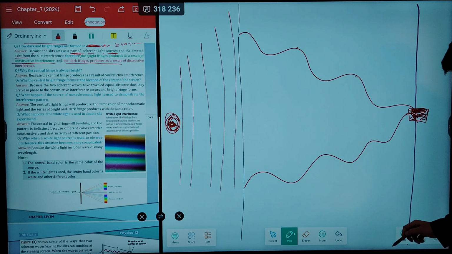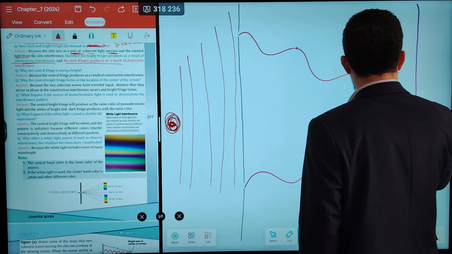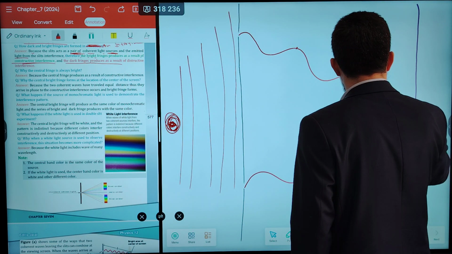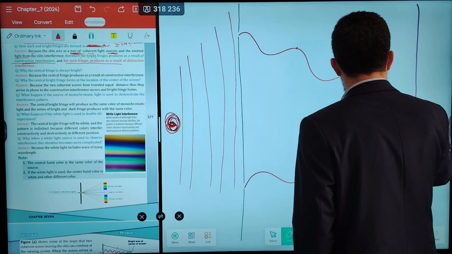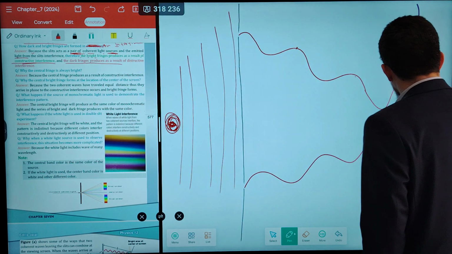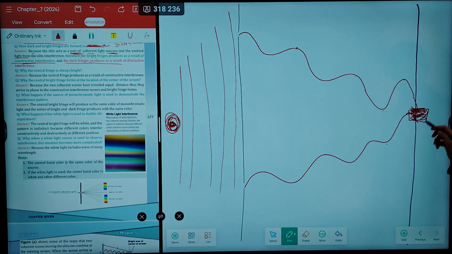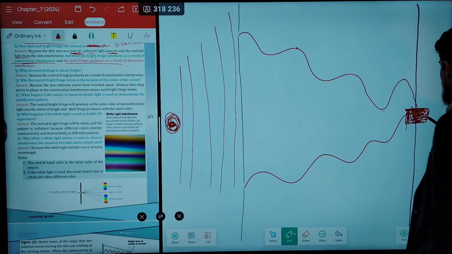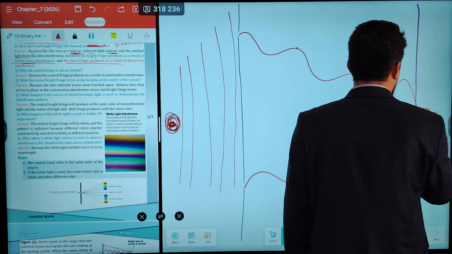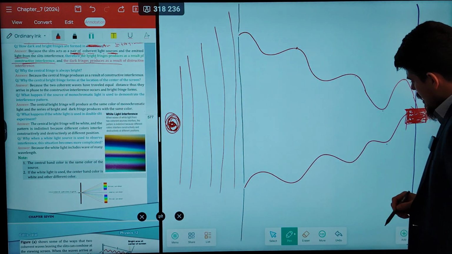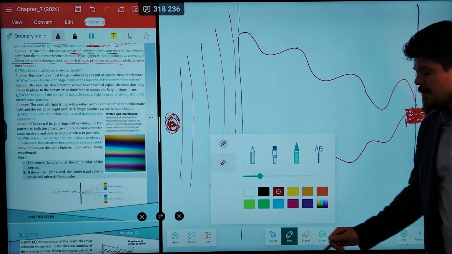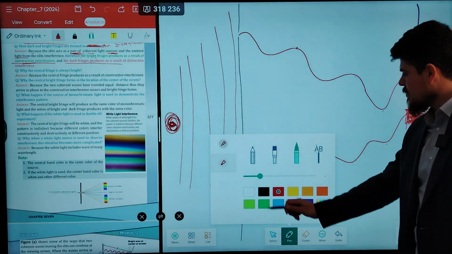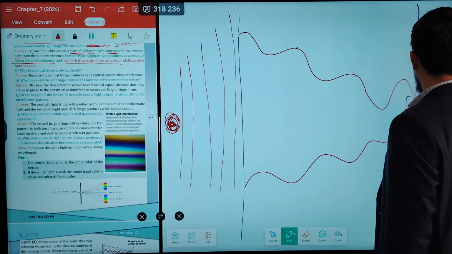Crest with crest, trough with trough. And the type of interference becomes constructive interference. In constructive interference, does a bright fringe or dark fringe appear? The bright fringe. But above the bright fringe, a dark fringe will occur here.